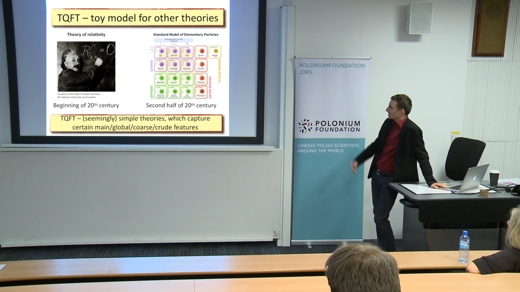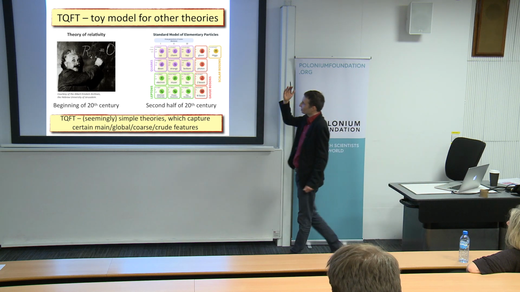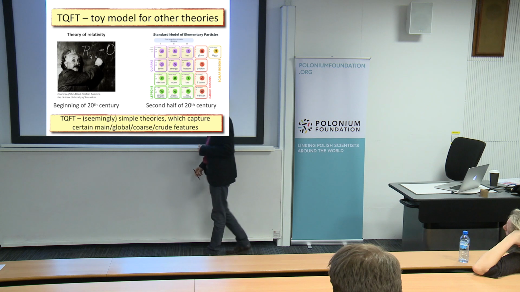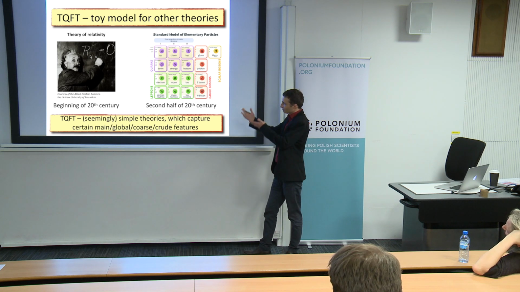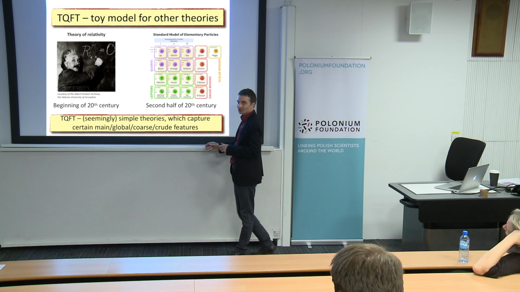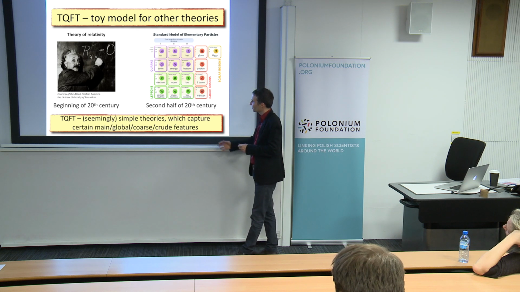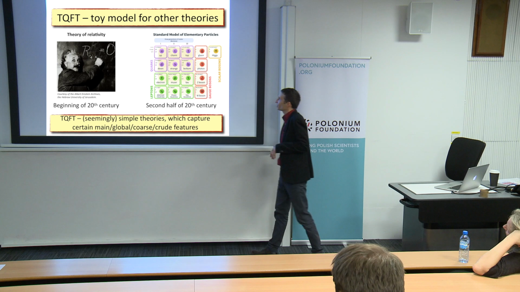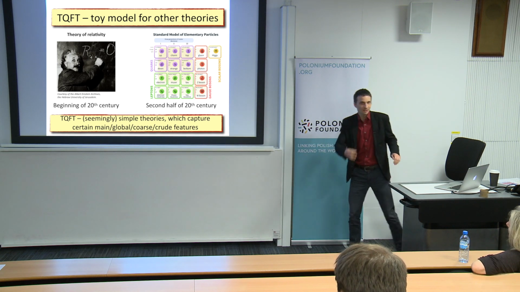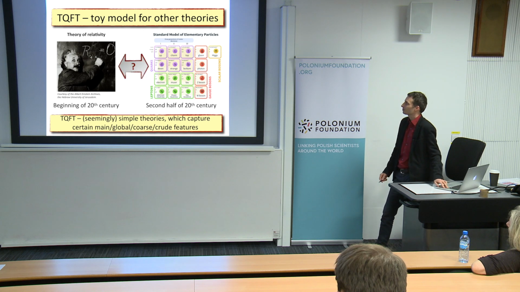Again, let me stress that topological quantum field theories, TQFT is the acronym I use sometimes, are, in a way, similar to knots. They are seemingly simple theories, but nonetheless they are complicated, and they capture some essential features of more complicated theories which are good to understand before considering those more complicated theories themselves.